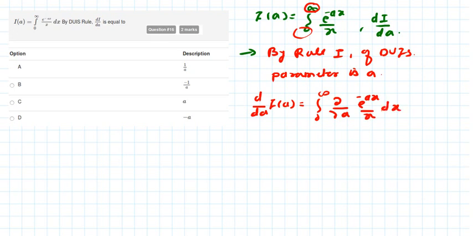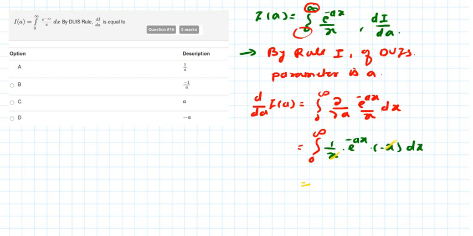And if you will solve this, integration 0 to infinity, now you have to take partial differential of this given function with respect to a, means obviously x will be constant. So this 1 by x will be constant, and derivative of e raised to minus ax with respect to a will be e raised to minus ax into minus x, dx. Now this x will get cancelled.